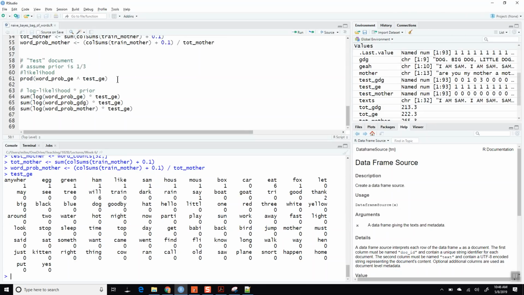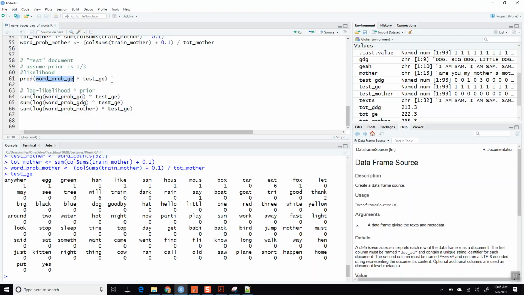And so we're going to have the product. I'm going to take each word probability from Green Eggs and Ham and raise it to the word count of the test document, and we have to raise the word probability to its frequency.